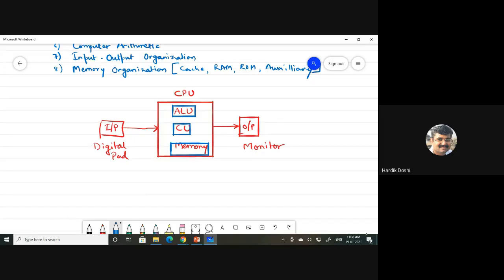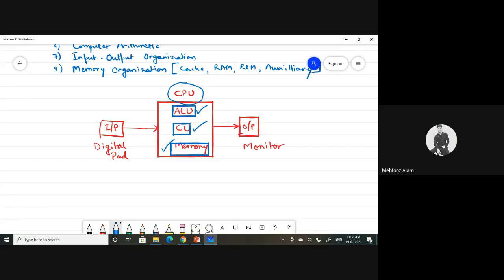The design of this CPU, the ALU, control unit and memory, we are going to learn during our curriculum. That means how ALU is designed, how the control unit is designed, and how memory is designed, that you know. But how it can be further attached to our system, that is what we are going to learn.